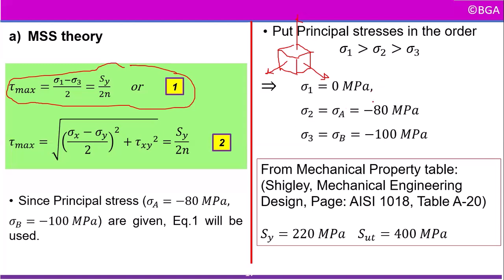Once we have identified the maximum and the minimum principal stress, we can use this equation 1 to find the factor of safety.